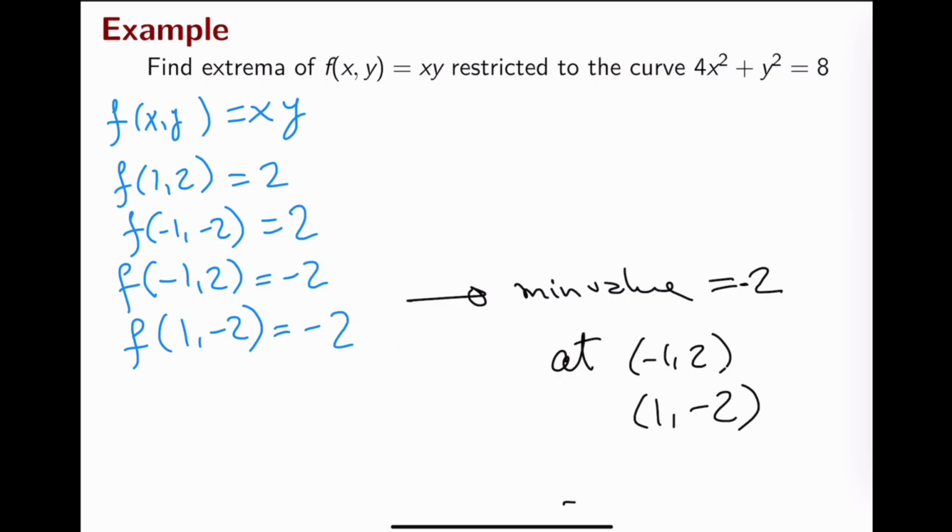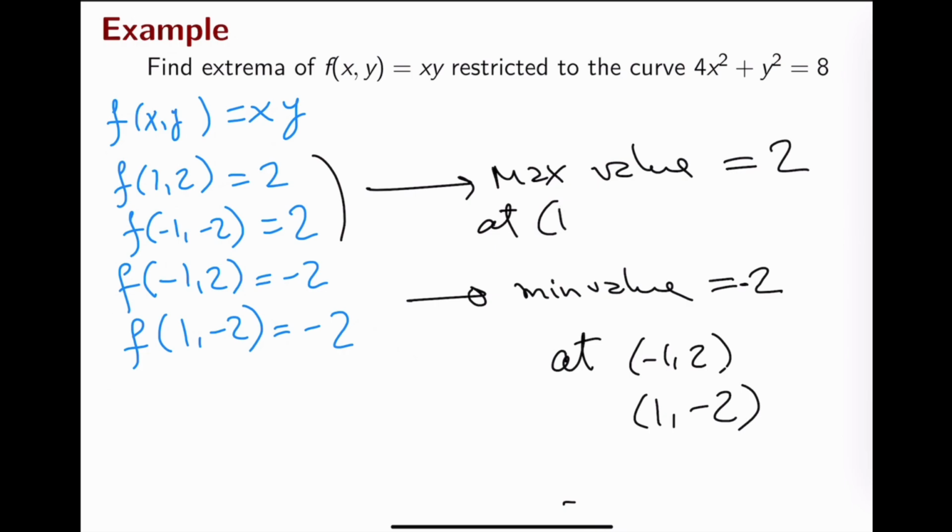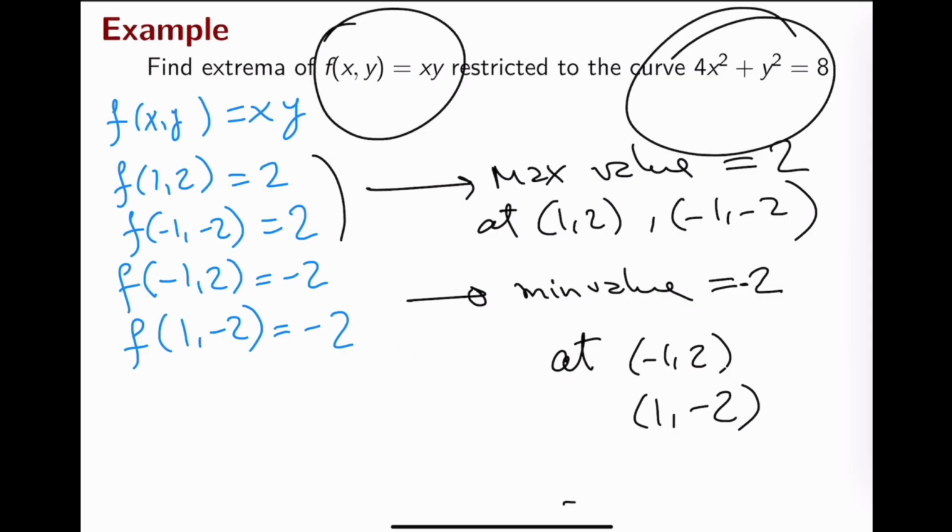There are 2 points in the domain then that the function reaches its minimal value, that is -2. And from here we can see that the maximum value is going to be 2, and is going to be reached at (1, 2), and also at (-1, -2). So these are the 2 points where we reach the maximum value of this function restricted to this curve.